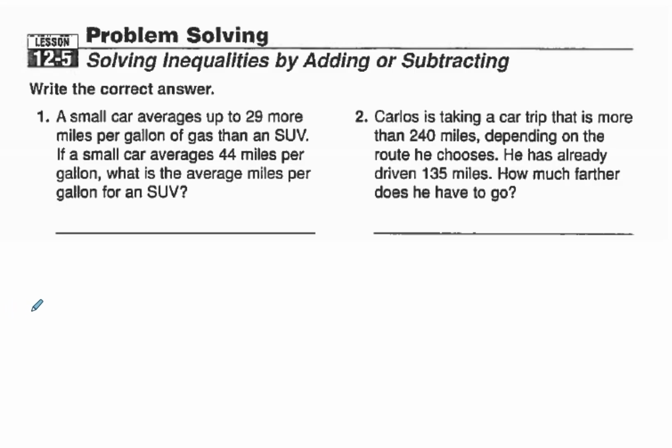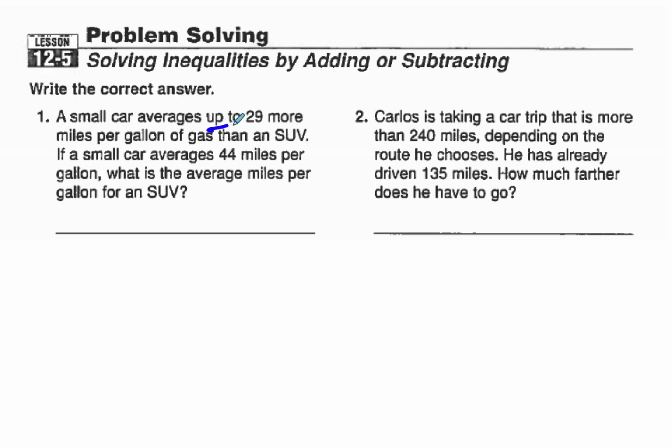All right, now we're going to try some story problems with writing and solving inequalities with addition and subtraction. All right, so here it says a small car averages up to 29 more miles per gallon of gas than an SUV. If a small car averages 44 miles per gallon, what is the average miles per gallon for an SUV? Okay, so we need to look for our inequality words on this one.